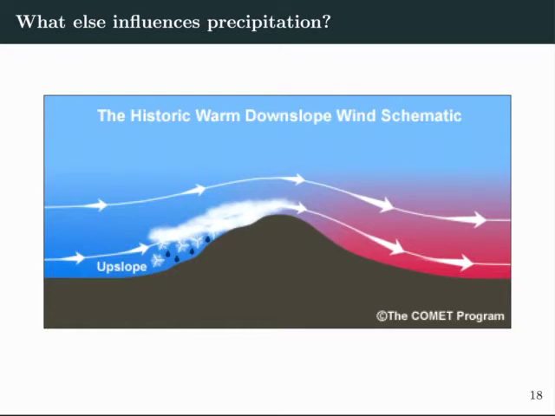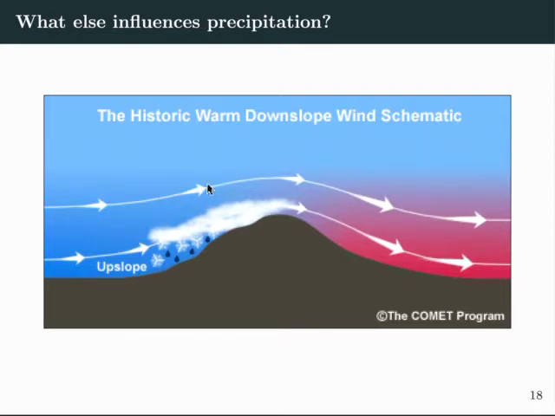And we've got our persistent westerlies coming along, moving air. We've got a certain air mass on the left here. It gets pushed, in this case, from left to right. We can think of that as from west to east. And that air mass gets pushed upslope.